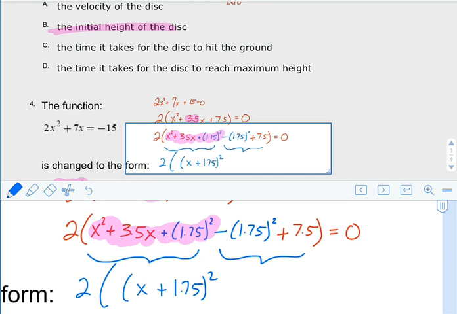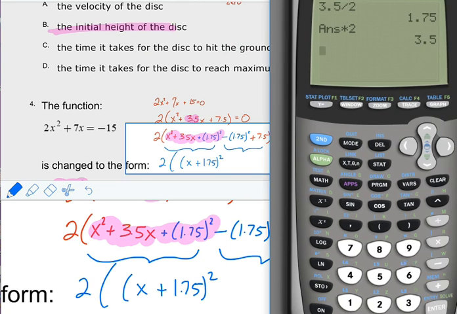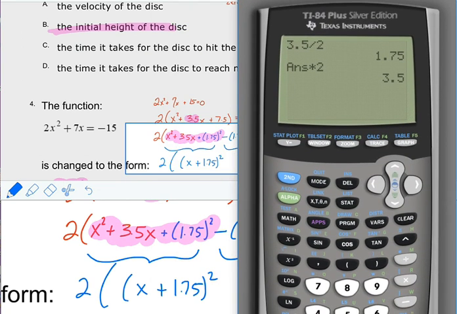Now these two here, you want to use your calculator to simplify. So here I go. I'm going to use it, even if you may not have it with you, but this is how it works. So we had negative 1.75 squared plus 7.5.